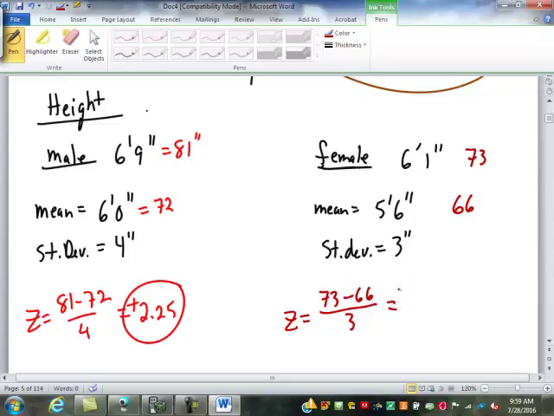Yep. 73 minus 66 is 7 divided by 3 is 2.33 positive. So who is actually taller compared to their own population? The female player is. Put them side by side, they're not taller, but if you're looking at what is the more unusual height compared to the population they're drawn from.